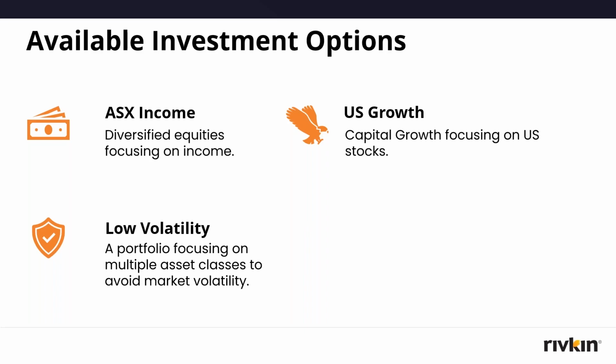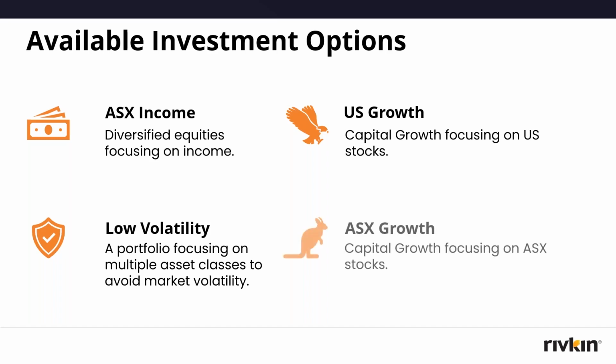And we look at equities, we look at fixed income, we look at cash, and we look at alternatives and commodities such as gold. And the reason we do that is because these asset classes tend to move in different directions over different times. They have a low correlation with each other. So they provide a diversification benefit and therefore generally less volatility than we would see in an equity only portfolio.